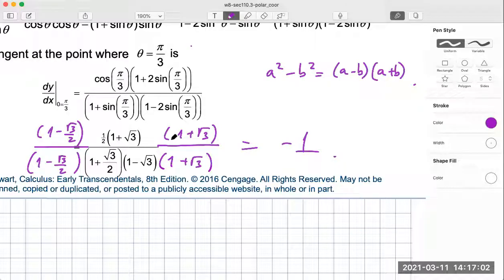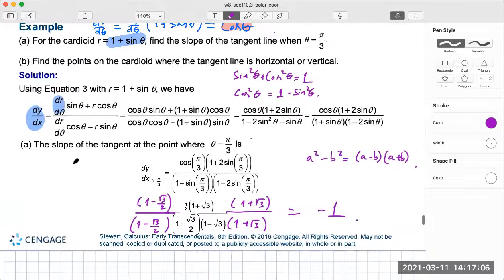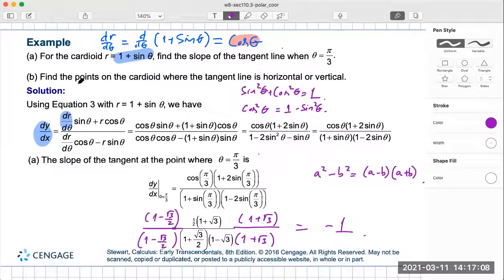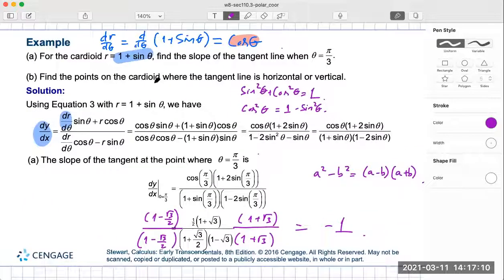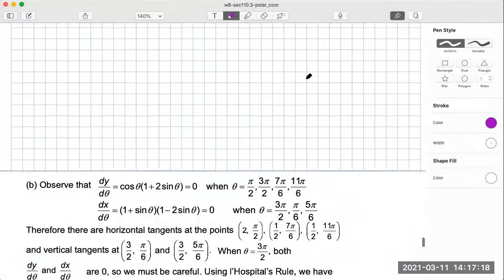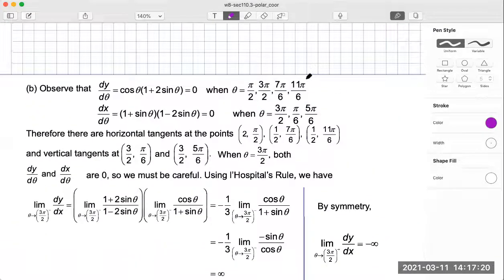So observe in the second part B here: find the points where the tangent of the cardioid is horizontal and vertical. Okay, very important that we should double check two things.